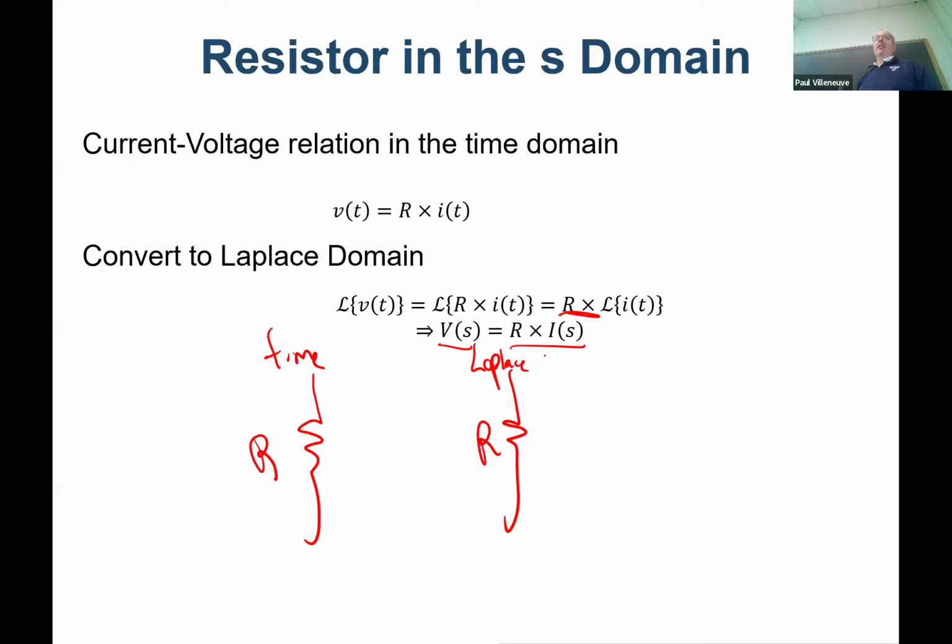So if we're trying to draw an equivalent circuit element, we know that on the left there, your time domain representation is your resistor. Same exact resistor in the Laplace domain. They are identical to each other. No modifications necessary. Exactly the same.